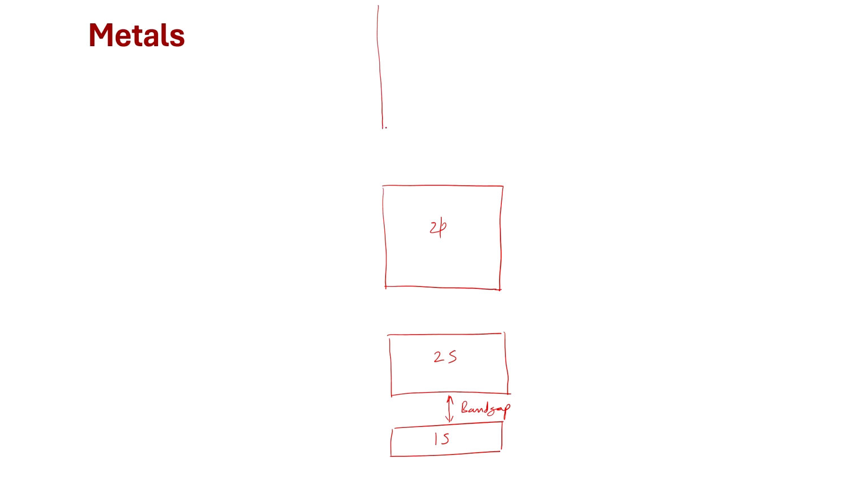So, there will be 3s, there will be 3p, and 3s and 3p may be overlapping, or they may be separated from each other. That depends upon the material, but this is where we start having materials like aluminum, sodium, magnesium, with atomic numbers 11, 12, 13.